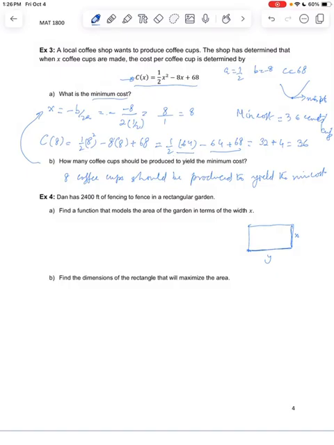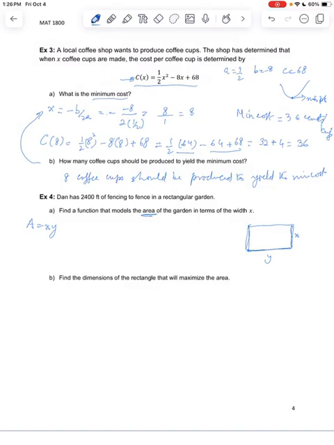And that should make sense because the question is asking us to model the area. So we need to write the area function. So the formula for area is A is equal to x times y. And also note that the fence will go around the garden, right? Around this whole thing. So what is this?